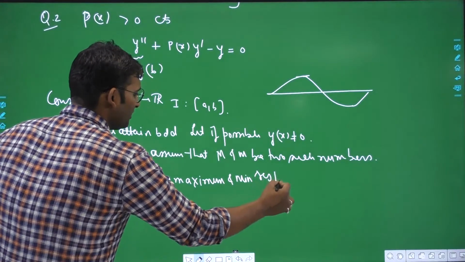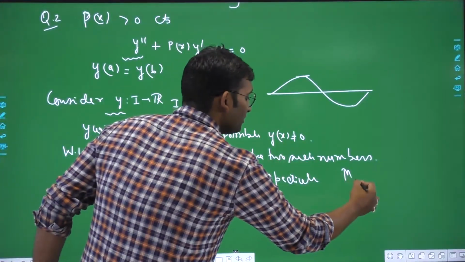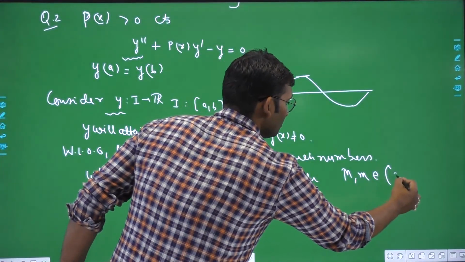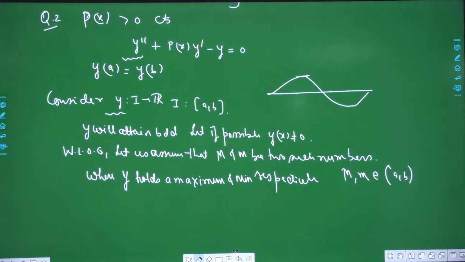So let us assume that there are two such numbers, where m and capital M obviously belong to the closed interval a comma b.